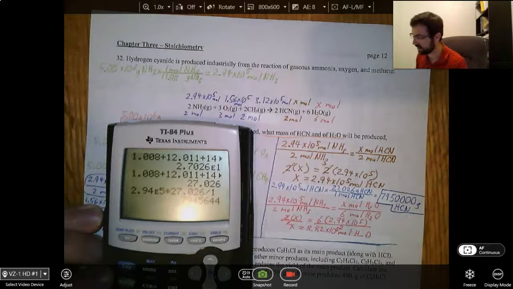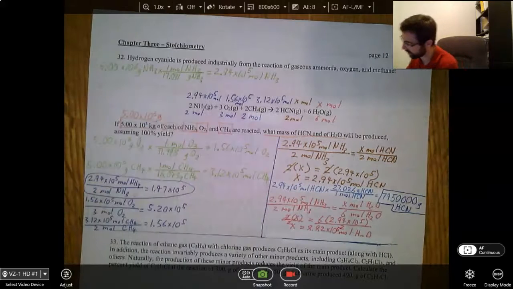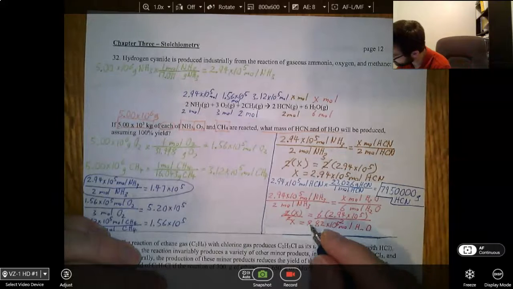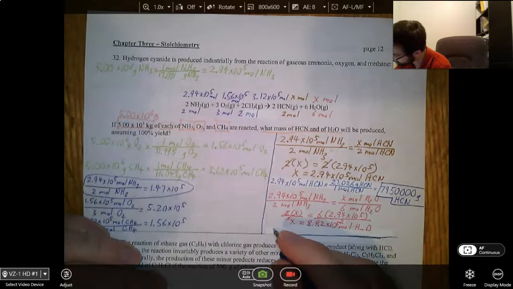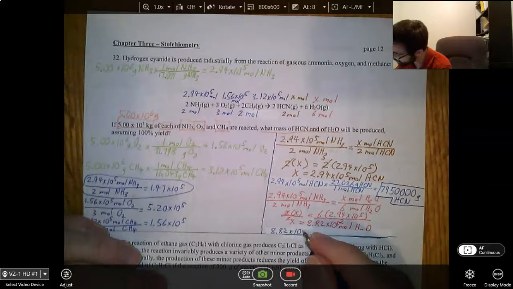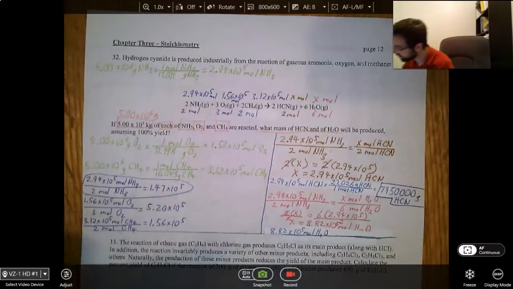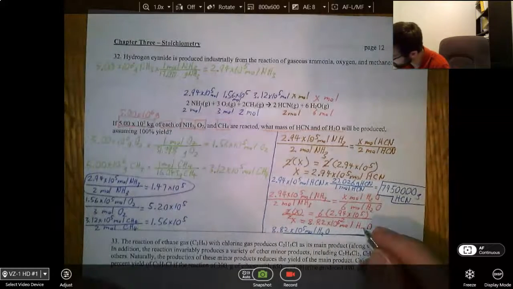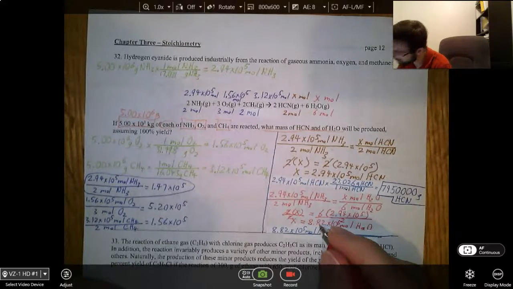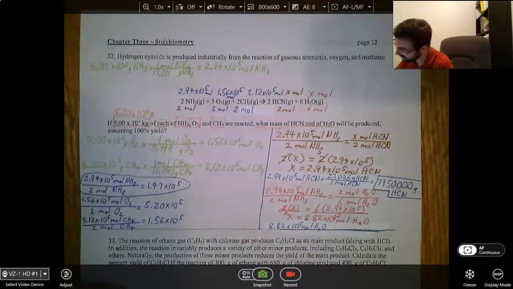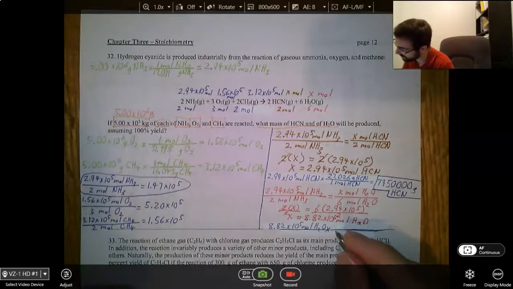All right, down here, don't have a whole lot of room to work, but we can pull it off. Okay, so we're going to put our 8.82 times 10 to the 5th moles of H2O. Now realize I covered up some of what I wrote there with this. This is H2O. And then we multiply by a fraction.